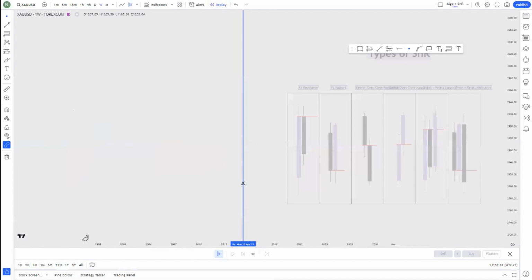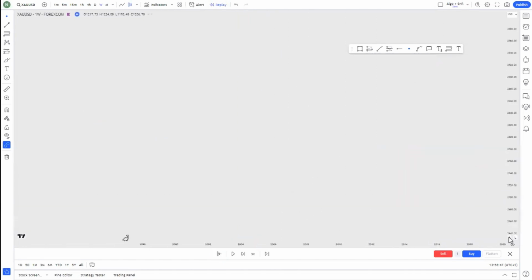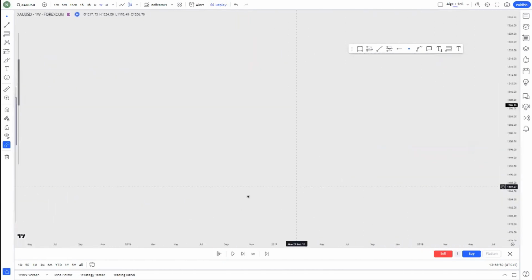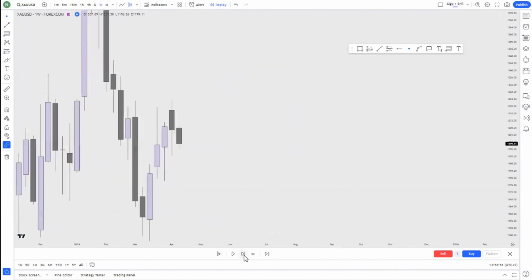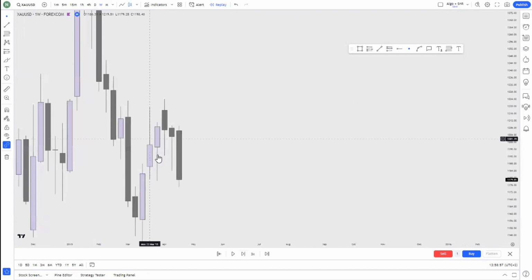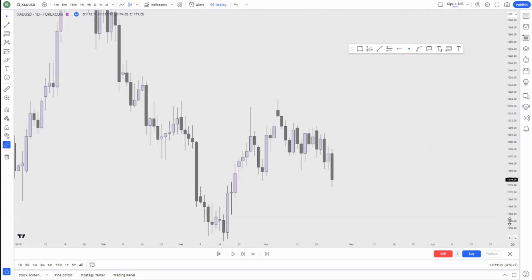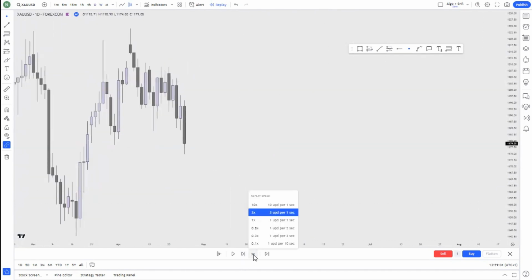So let's just look at this right now. I'm going to skip this one because the way that it was formed right here is just going to confuse a lot of people. Let's skip ahead a little bit.